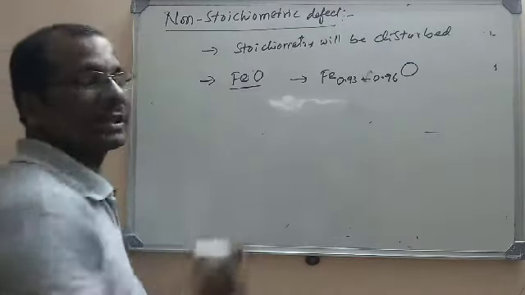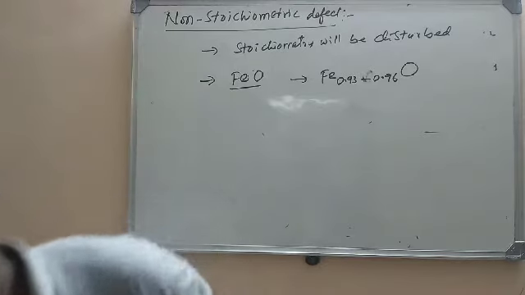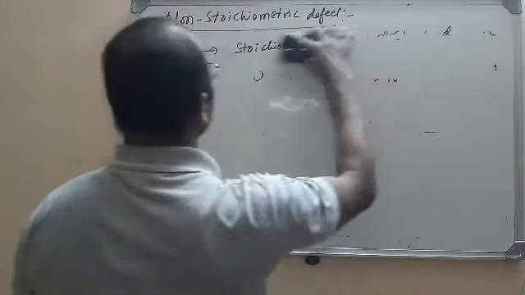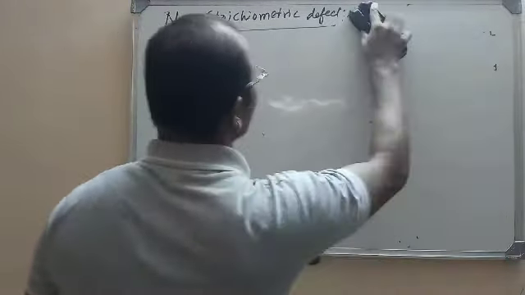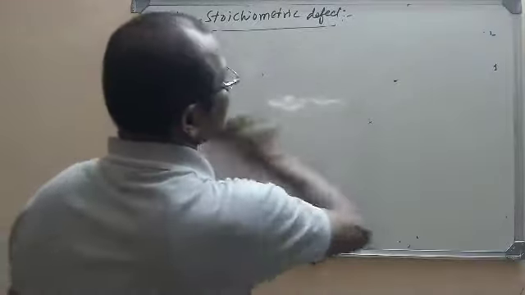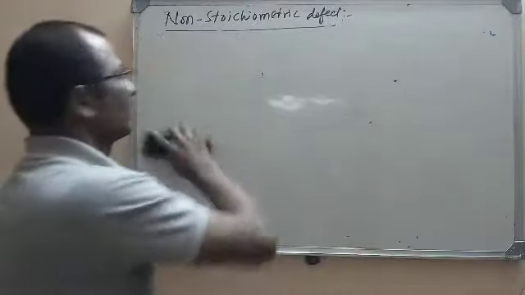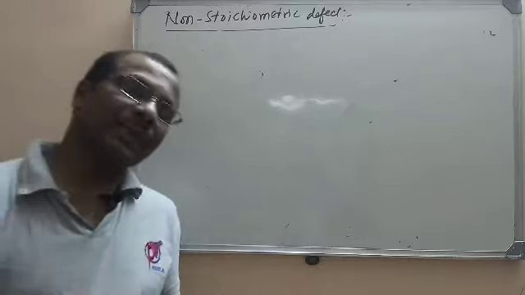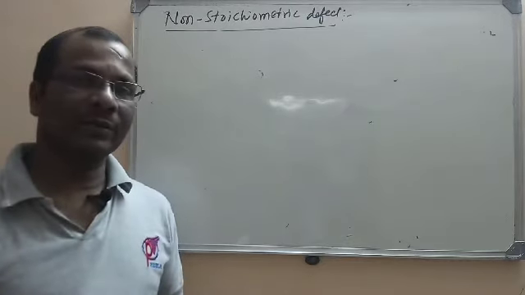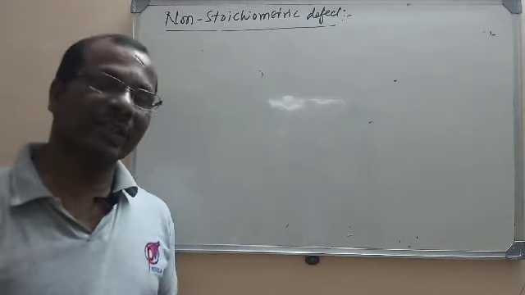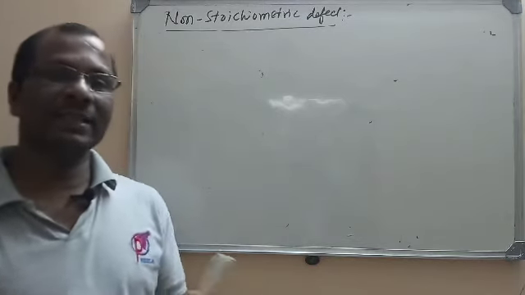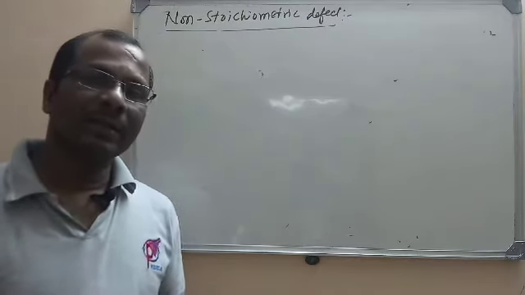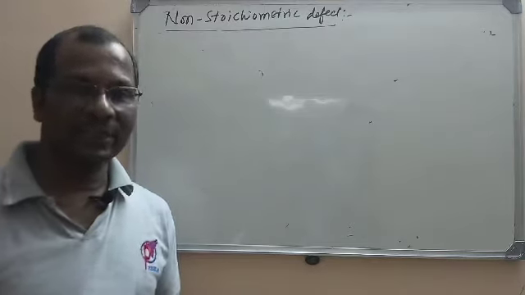First of all, you should understand that a non-stoichiometric defect causes a change in the stoichiometry of the compound, or it will affect the stoichiometric composition of the compound. Why does it change? If an equal number of anions and cations are missing, there will not be any change in the stoichiometric composition. Take the Schottky defect, one of the stoichiometric defects: equal numbers of anions and cations are missing from the lattice, so there is no change in the stoichiometry.